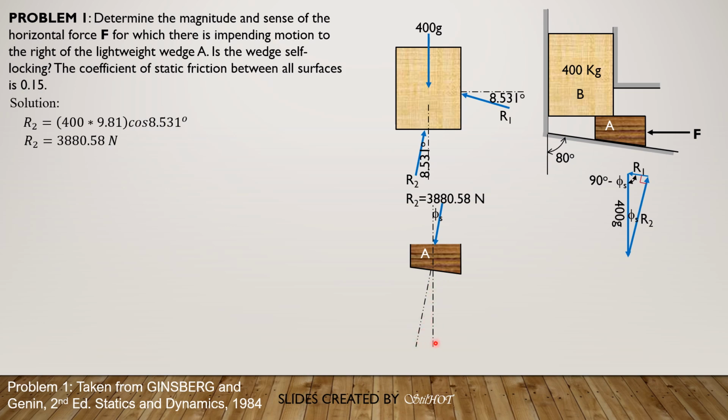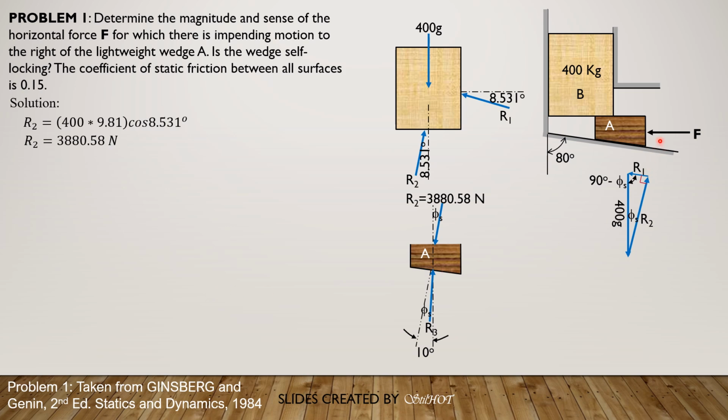Because this is 10 degrees, R3 should be within this 10 degrees here. So it lies to the left of the vertical. There is still a very small angle left, because that is 10 degrees minus phi_s. Remember, the angle between the resultant reaction and the normal is always the angle of friction.